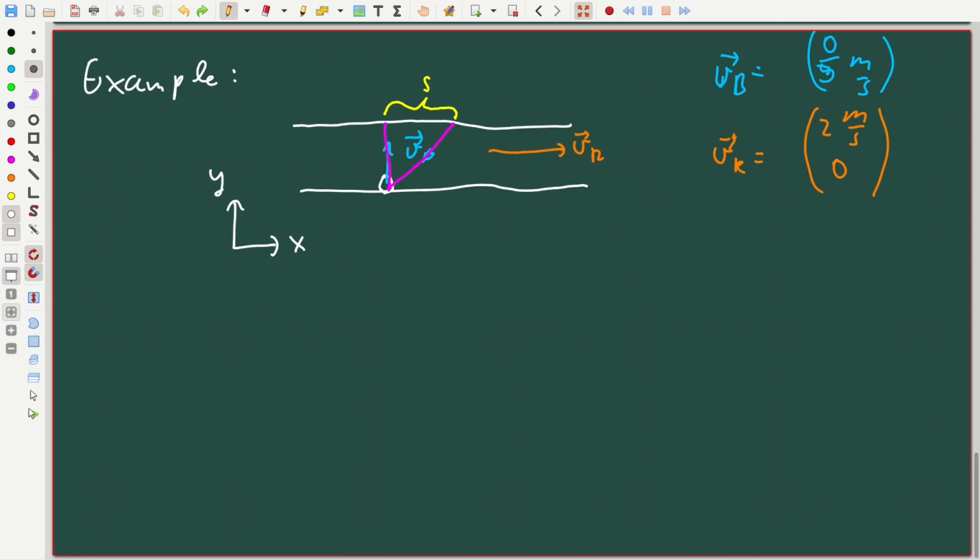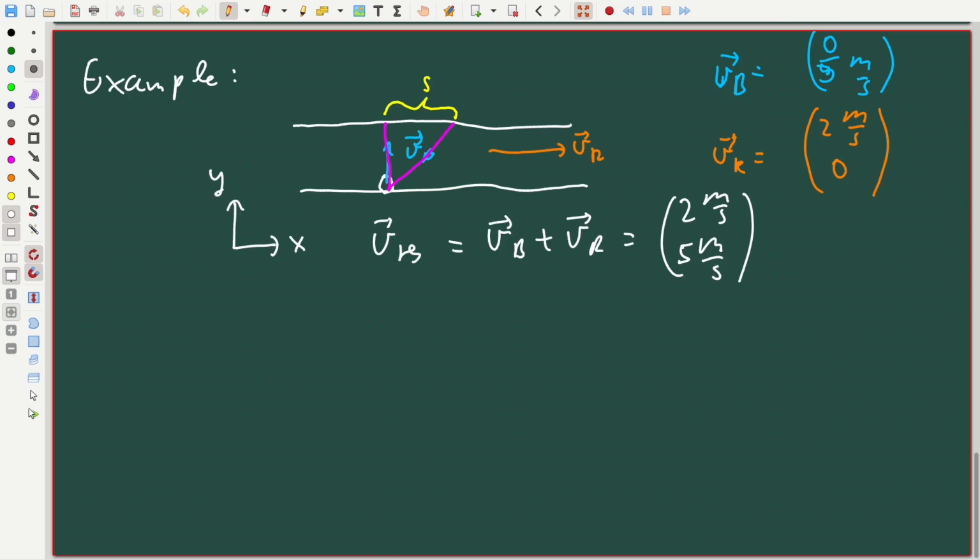So we write the resulting vector vres equals vb, the boat vector, plus the vector of the river, and this gives in total 2 meters per second in x direction and 5 meters per second in y direction. So this is the total resulting vector.